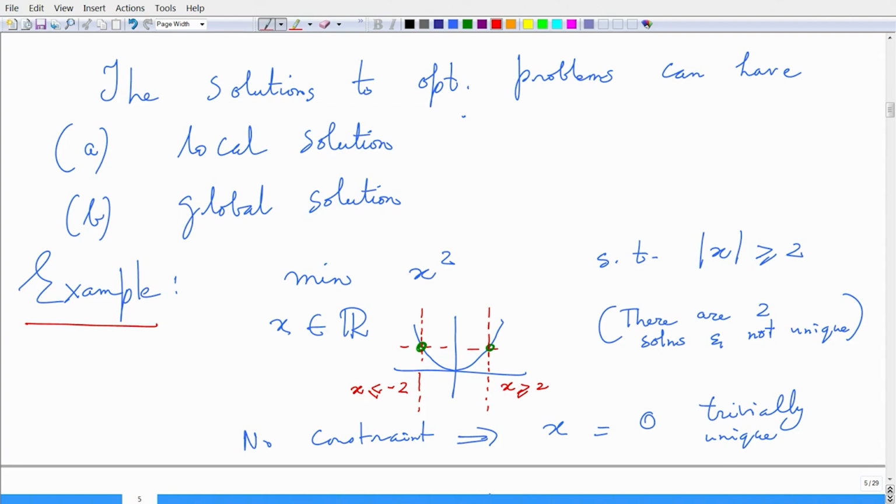So, there is only one solution to this minimization problem. However, if I give you a surface which is something like this, then I can have several local minima points depending upon where I am in this valley. So, this is the global solution, whereas these other circles that I have are local minima points.